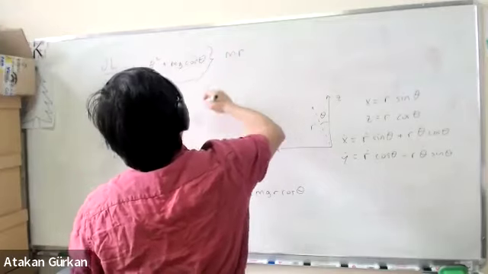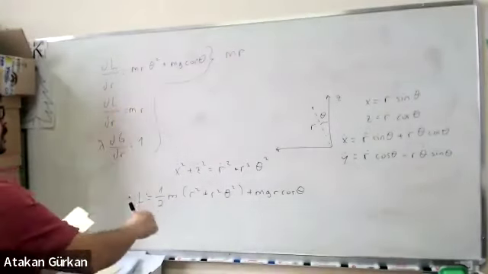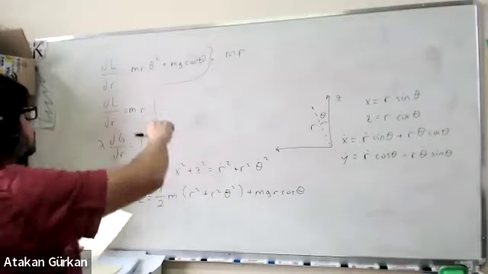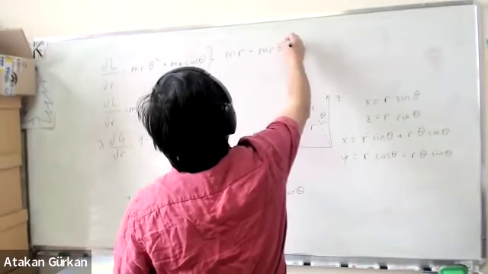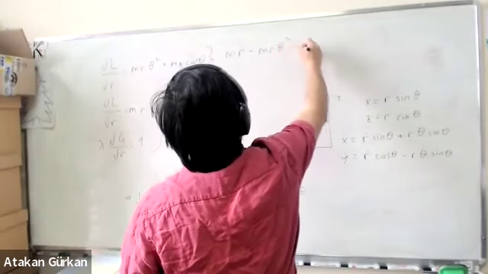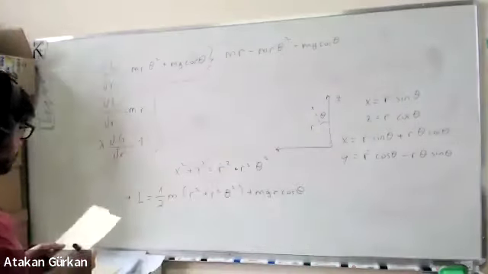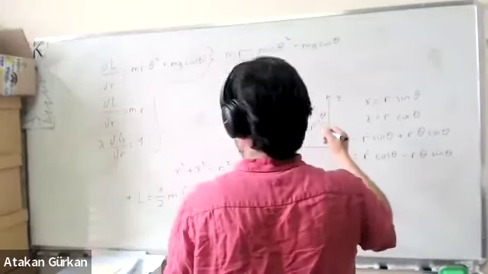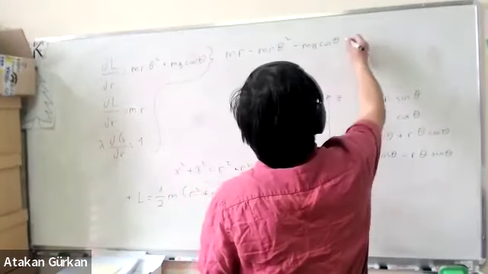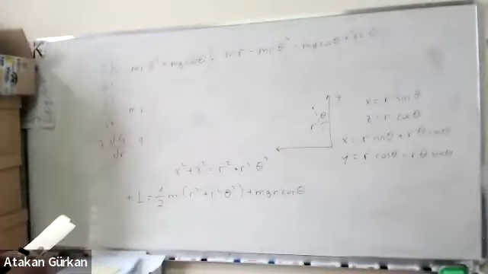I take the derivative of this, m r double dot, subtract this one off, minus m r theta dot square minus mg cosine theta, and then I subtract this one off, plus lambda equals 0. So this is the first equation.